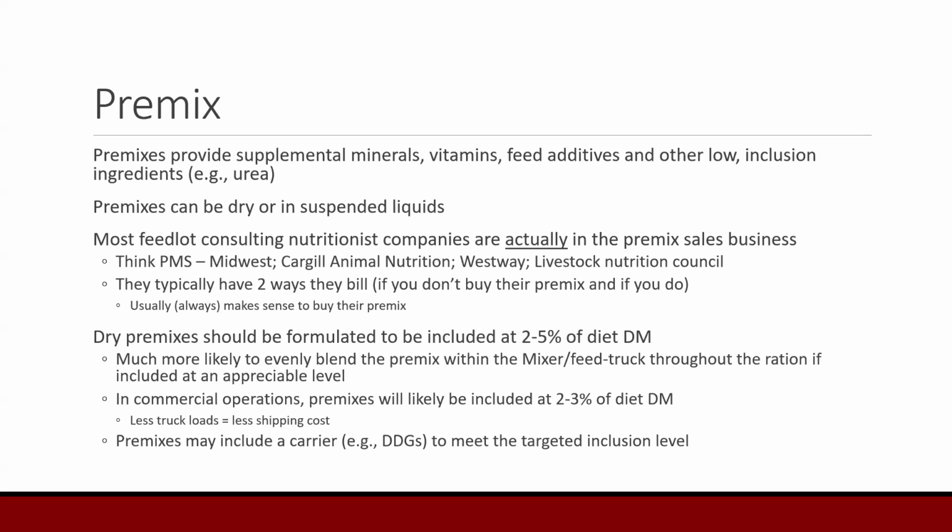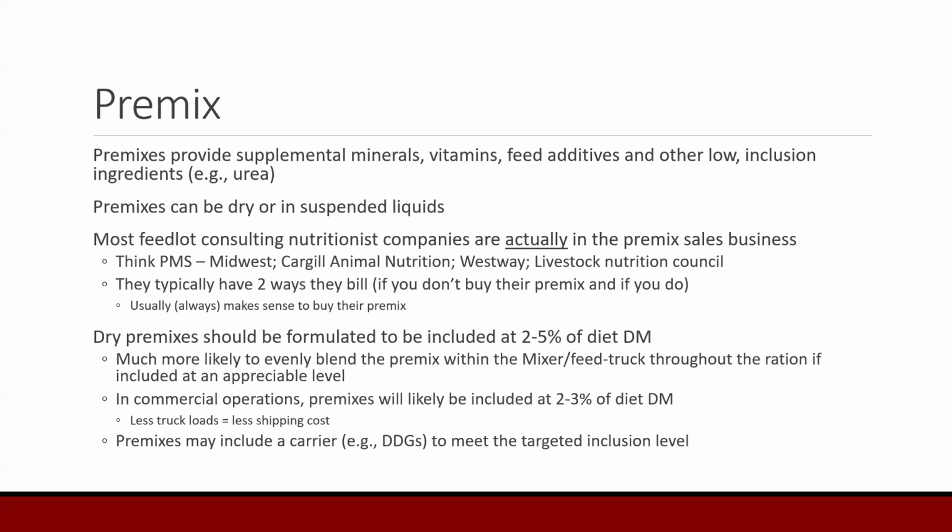So if we formulate a ration and I need to add limestone, cobalt, copper, zinc, selenium, and so on, and the total amount of things we added only adds up to 1%, we would add a carrier.